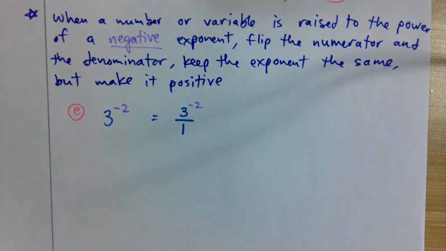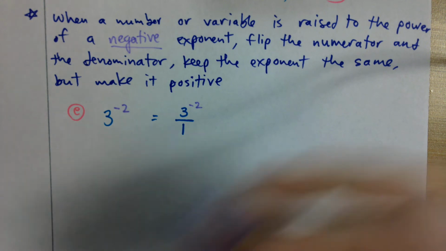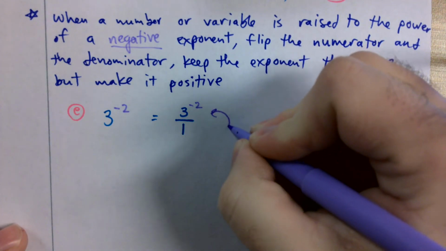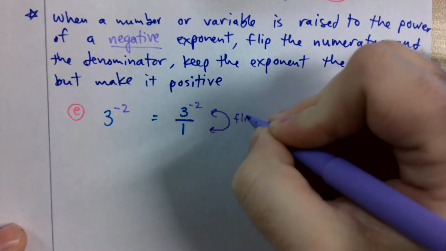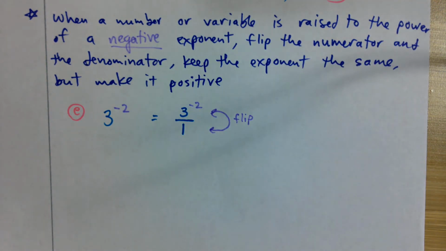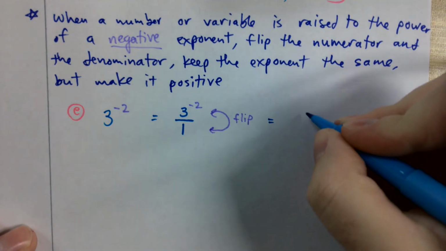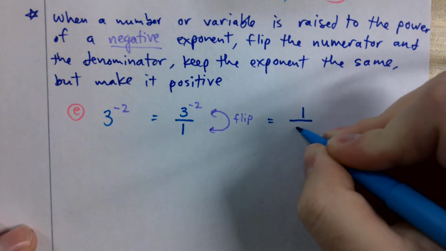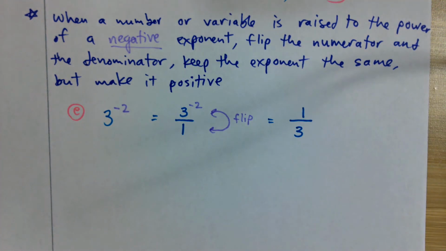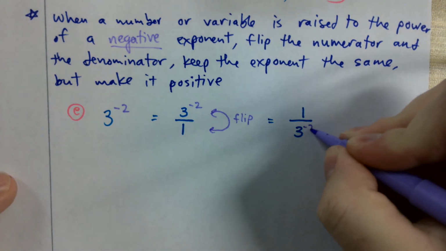So we're going to take our numerator and our denominator, and we're going to flip them so that we now have 1 over 3 to the negative second.